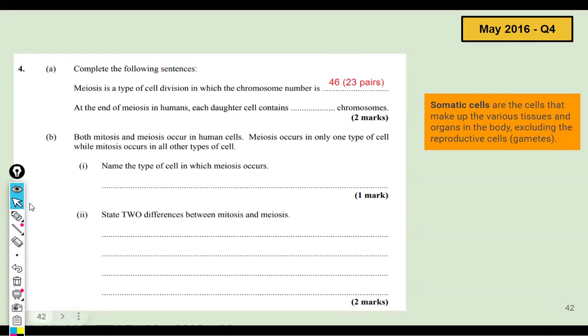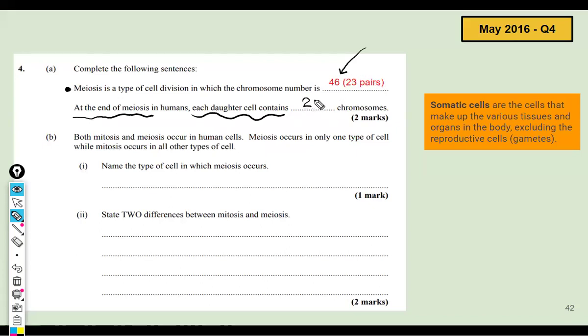Meiosis is a type of cell division in which the chromosome number is, actually, I think they want us to put 46 here. They're talking about at the beginning of meiosis, before the divisions start. They could have expressed that a little bit better. At the end of meiosis, each daughter cell will contain half the amount of chromosomes.